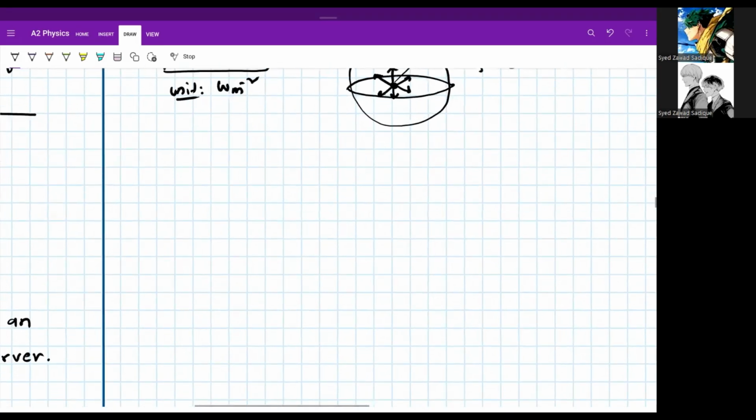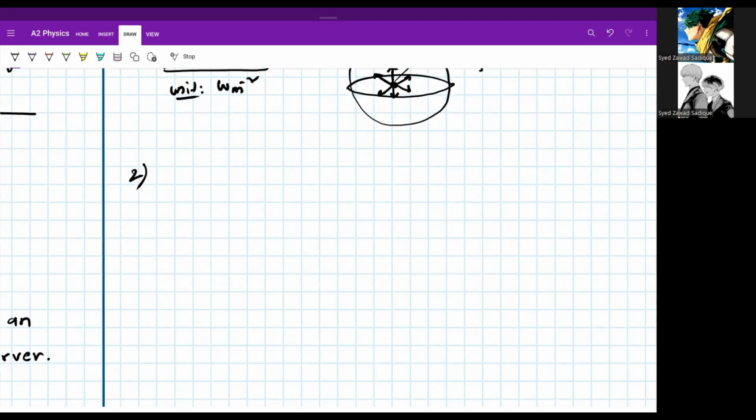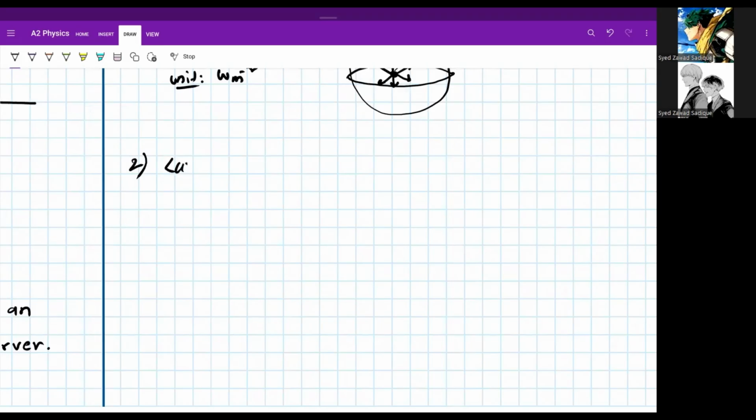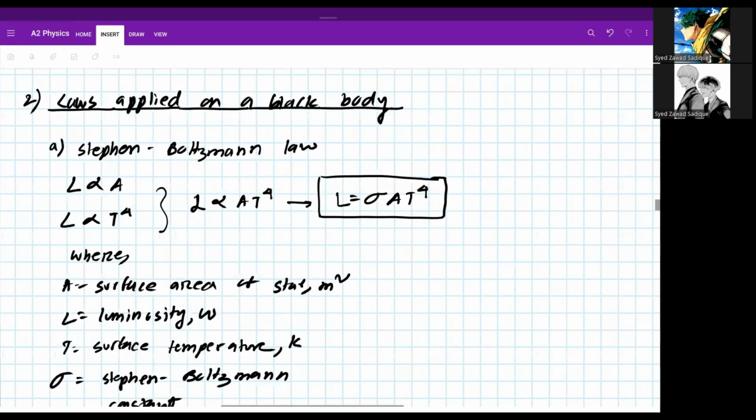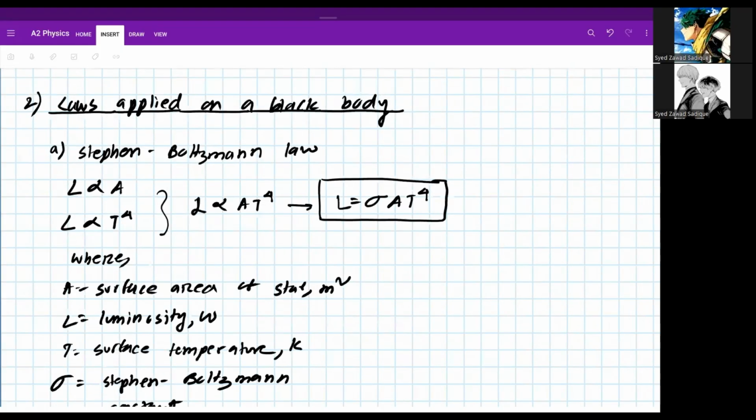Number two is laws applied on a black body. So the law applied on a black body is the Stefan Boltzmann law, where luminosity is proportional to surface area, and luminosity is also proportional to thermodynamic temperature.